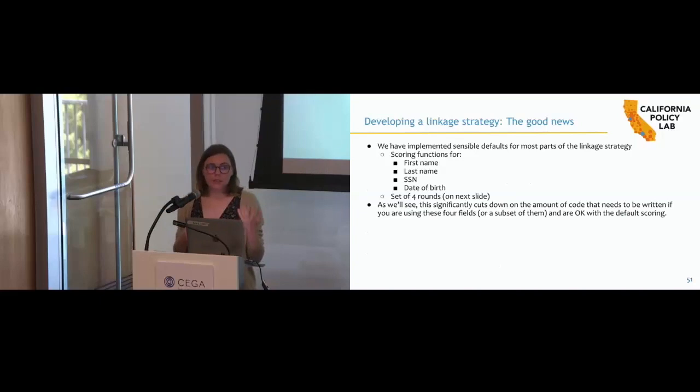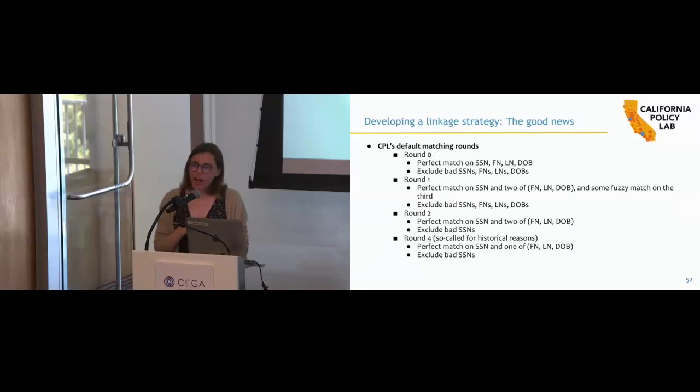And that can either be a starting place if you want to do your own linkage, or simply use our code directly as well. And I'll go into the strategy on the next round. So our exact matching rounds that we consider are, we have 4 separate rounds. So we start with just a perfect match on all of the fields that we have available to us.